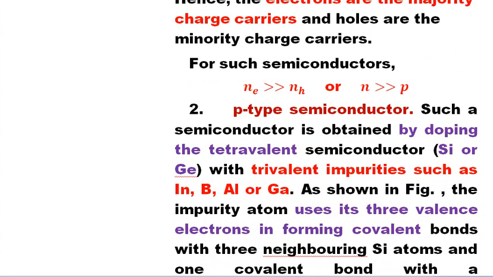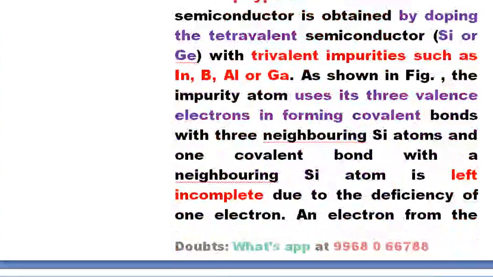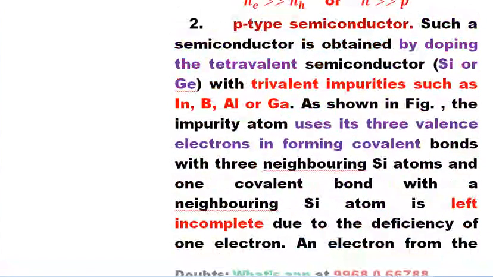Then I want to discuss the formation of a p-type extrinsic semiconductor. Dear students, it is almost the same process, but the impurity chosen here is trivalent. As we discussed earlier, a germanium or silicon tetravalent atom is doped with trivalent aluminum, or it may be another, like gallium, boron or indium. 3 electrons are in the outermost orbit.